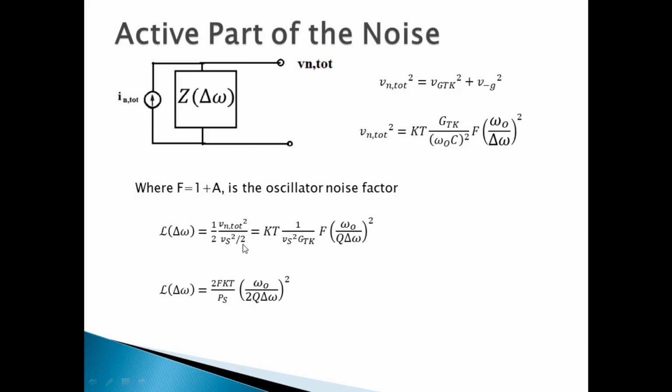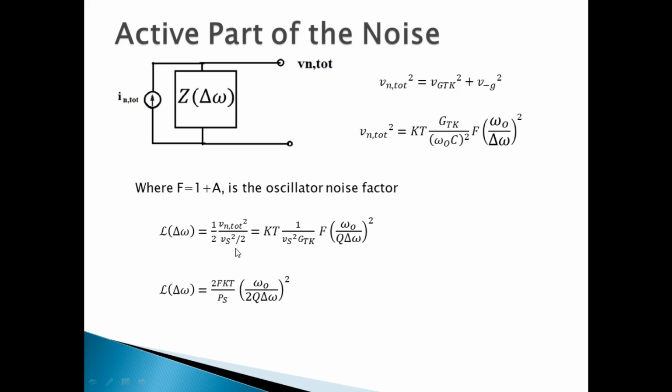So with noise there is amplitude and phase, so the total noise is just half of it. There is a half here because we are dealing with a sinusoid, and there is a half here because we are dealing only with phase noise. So by definition, the phase noise is proportional to noise power and inversely proportional to signal power.